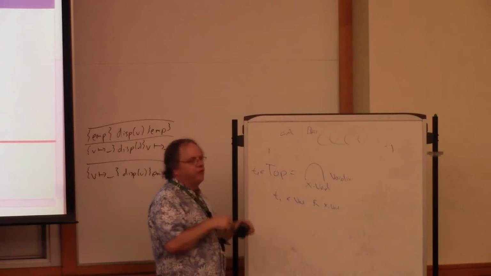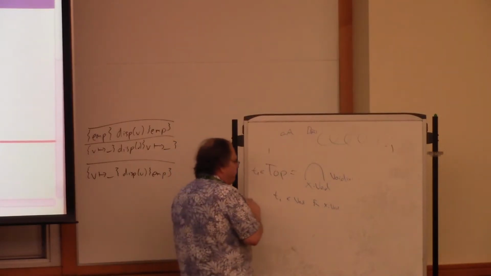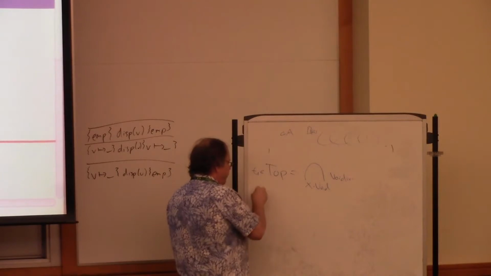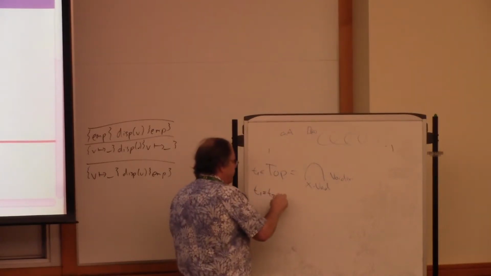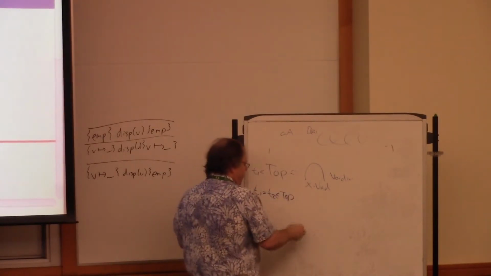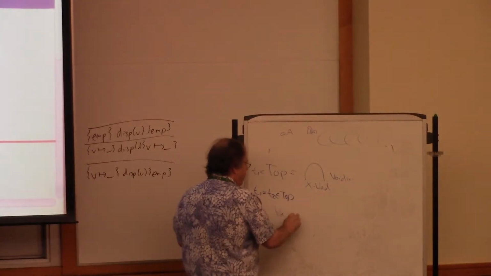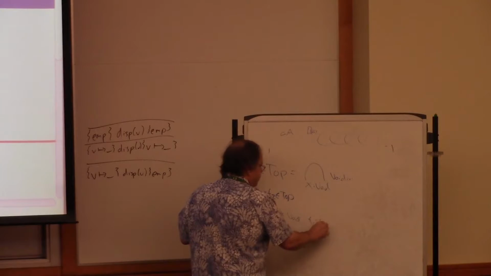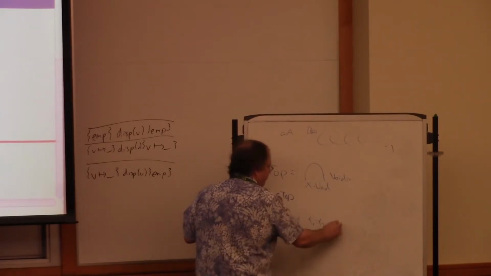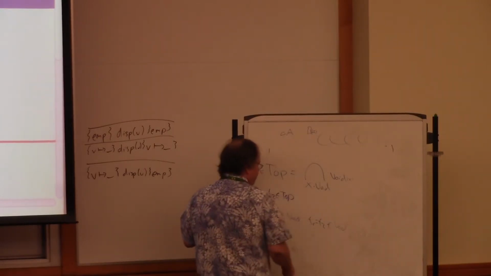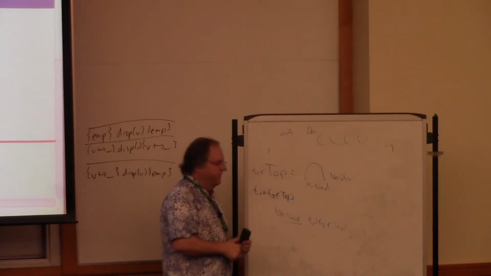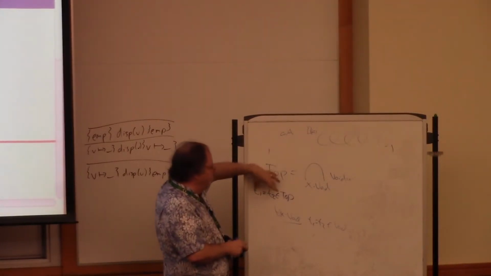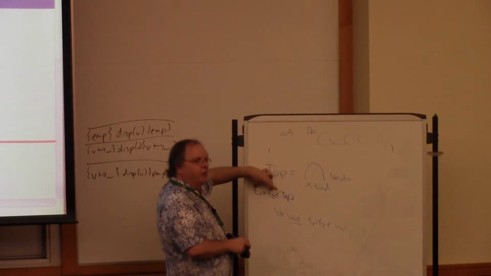So top contains all the terms, and then when are two terms equal in top? T1 is equal to T2 in top if, again, for all X in void, T1 would be equal to T2 in void. But since there are no members of void, that's also vacuously true. So not only is every term in top, but every two terms are equal in top.